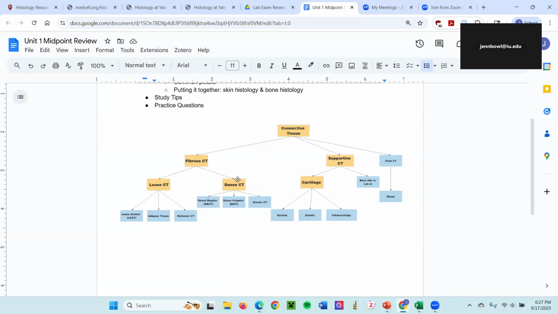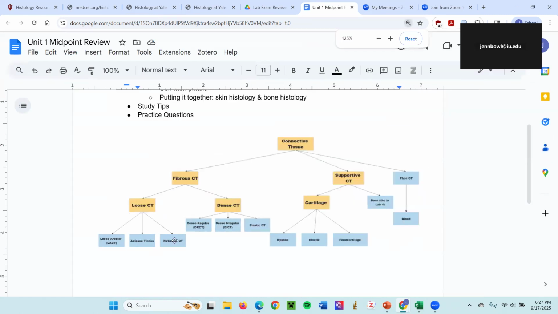Common struggle areas for people. Usually students are pretty good about telling their cartilage apart, so I'm not going to spend a lot of time on that. But it gets really tricky when we are looking at fibrous connective tissue because we have 6 different types. And if you were in class, you know that I ran through these and told you the ones we're most likely to see on the lab exam.